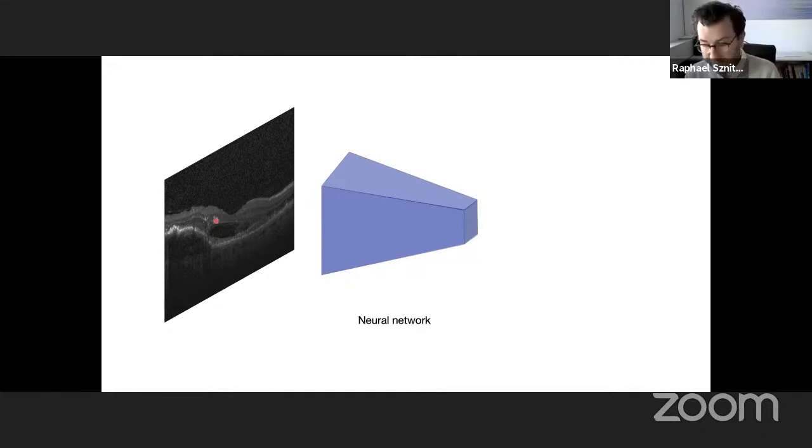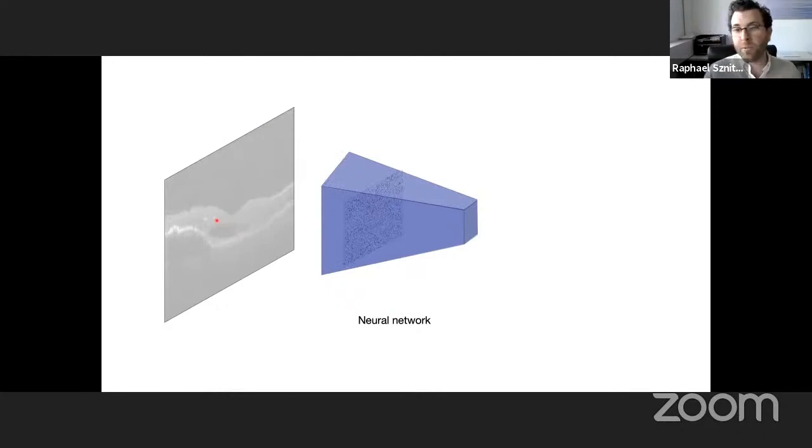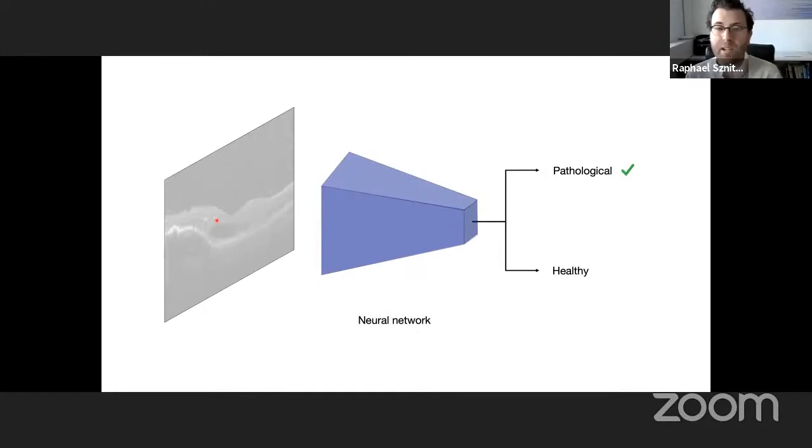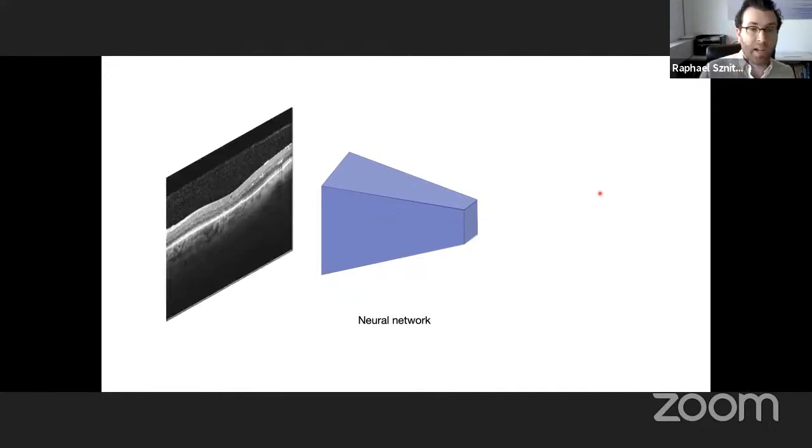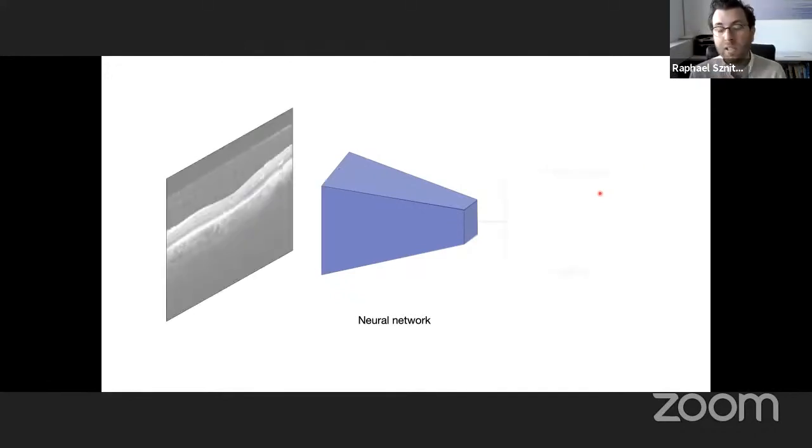So what happens often is that you take an image, you pass it through your neural network, and you're hoping to get some binary classification. Is this case pathological or healthy? In this case, the model says it's pathological, and you're happy because that's actually true. In this case, you have a healthy case, you push it through your network, and it says you're healthy, and that's great.